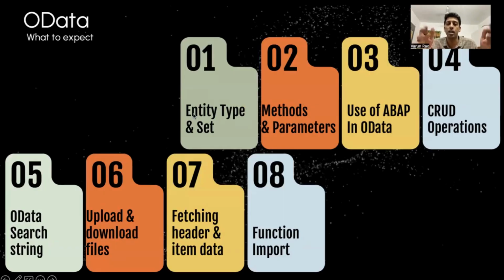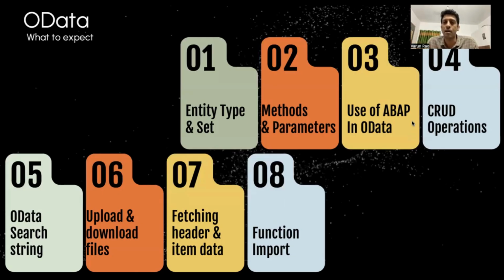Here, when you're learning SAP UI5 Fiori, it is understood that you might have basic exposure to SAP ABAP, right? So we would be looking at how to create a table in SAP ABAP, followed by how to import it. Then we would be understanding what an entity type and entity set are, followed by the different methods and parameters, like get entity set, CRUD operations, etc.